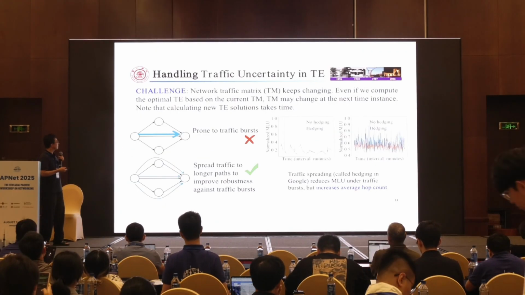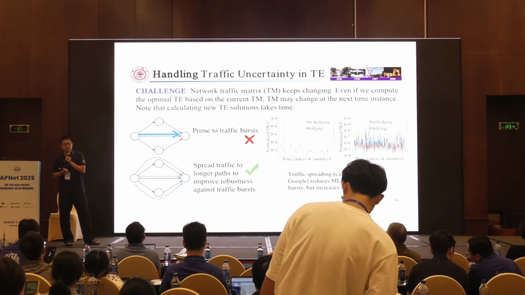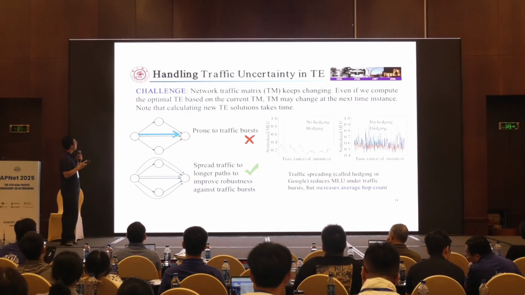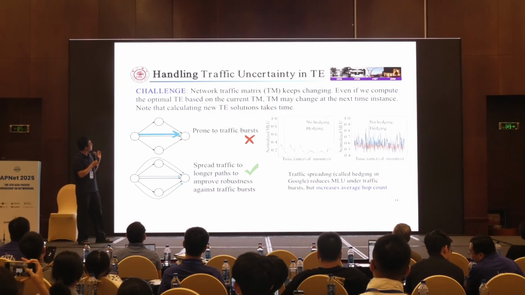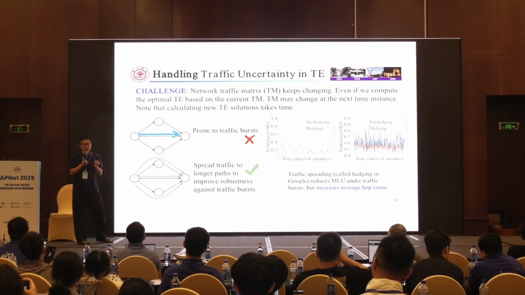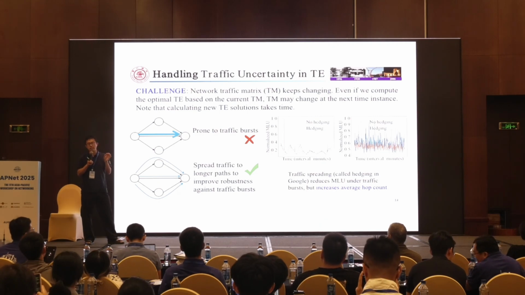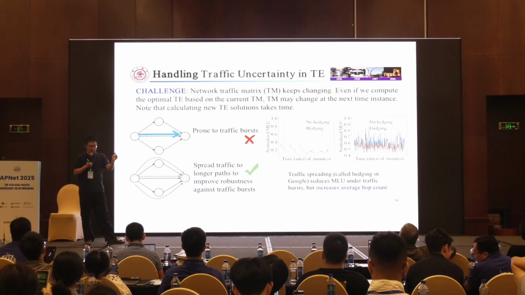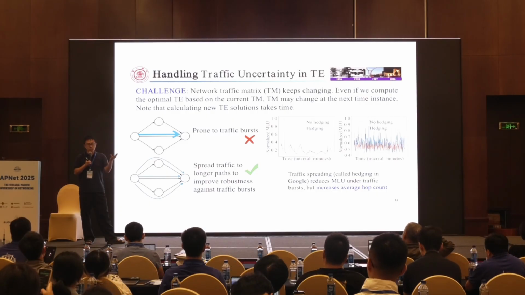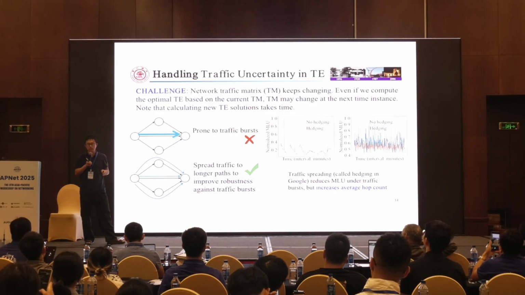Can you do this? But what's the challenge of doing traffic engineering? One of the main challenges in traffic engineering is to handle traffic uncertainty. In a network, traffic patterns change all the time. If you count the microsecond bursts, you will find the traffic pattern can change at the microsecond level.